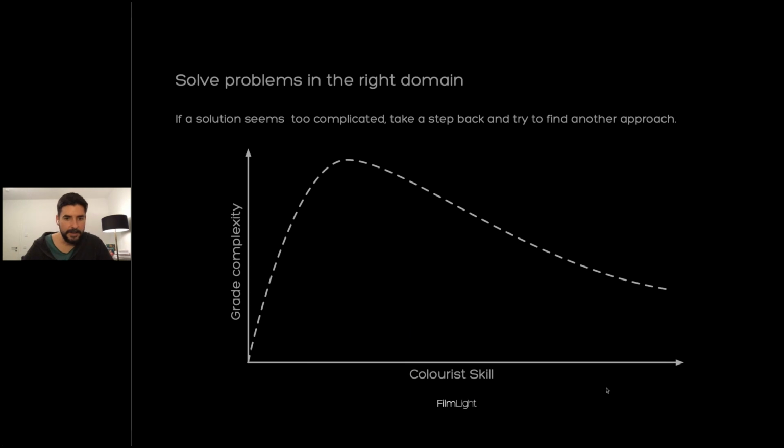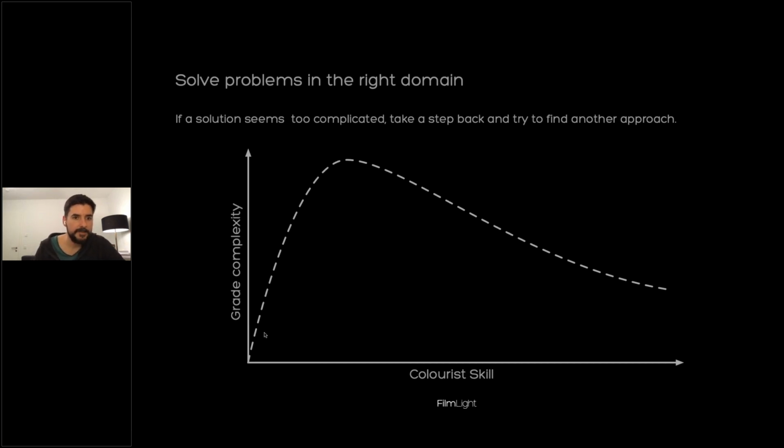And so I came up with that slide here to the topic solve problems in the right domain. What I realized is that most colorists go through a curve that looks roughly like this. So in the beginning, you start with trying to learn the tool that you're using. And if you started recently, this might be a software, or if you started earlier, this might be a hardware color corrector.